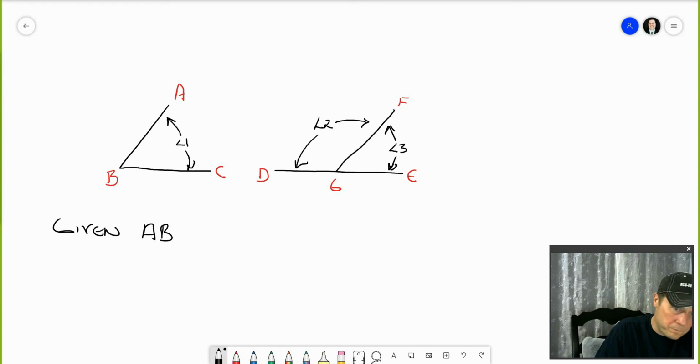AB is parallel to FG. So you have to know the information, right? So I'm going to tell you what is true so that we can solve this. BC is parallel to DE.